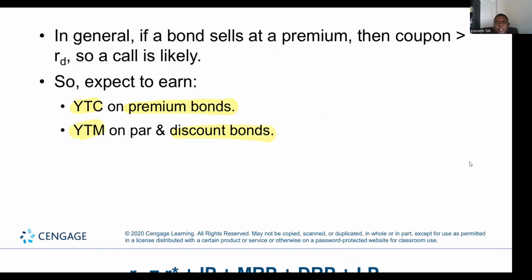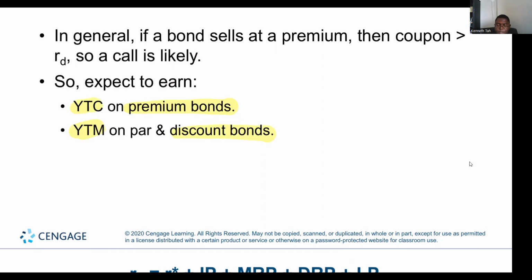And the reason for this is straightforward, because as far as premium bonds are concerned, the interest rates are usually low. So remember the rule of thumb, interest rate is lower than the coupon rate, the bond price or the bond value is going to be greater than par.